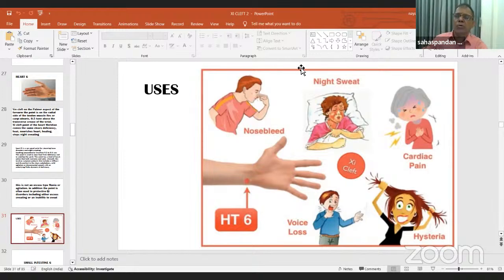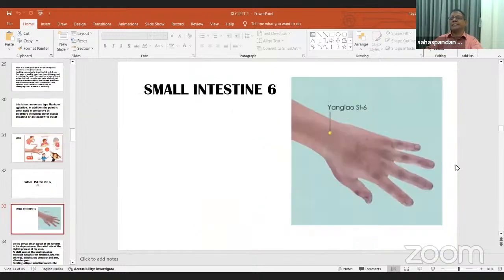Our next point is small intestine 6. See this, small intestine 6. It is on the radial dorsal ulnar part of the forearm.